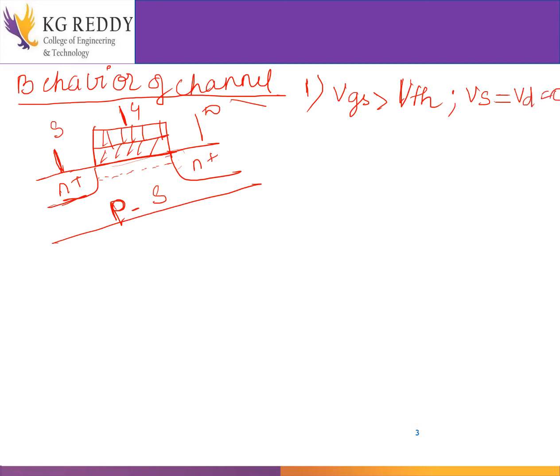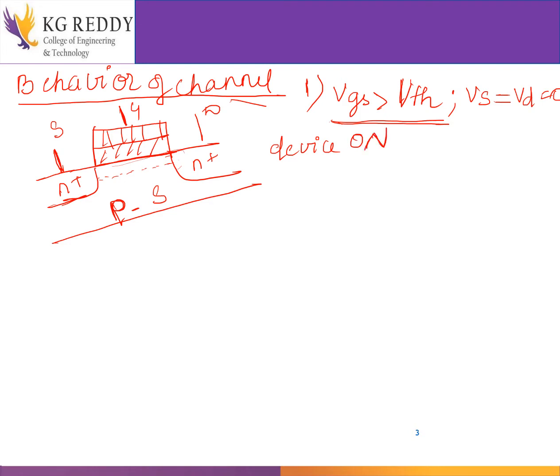Case 1 is that we are saying that VGS, the applied gate voltage, is greater than the threshold voltage. That means in this case the device is on.